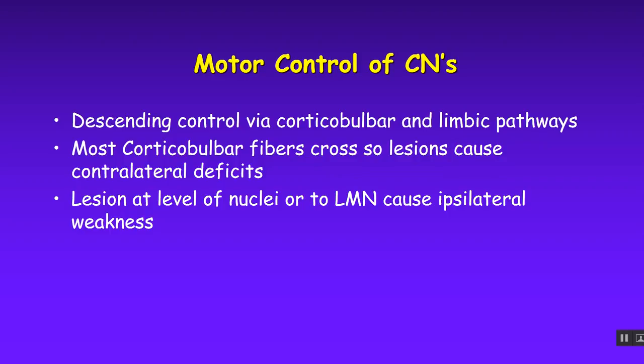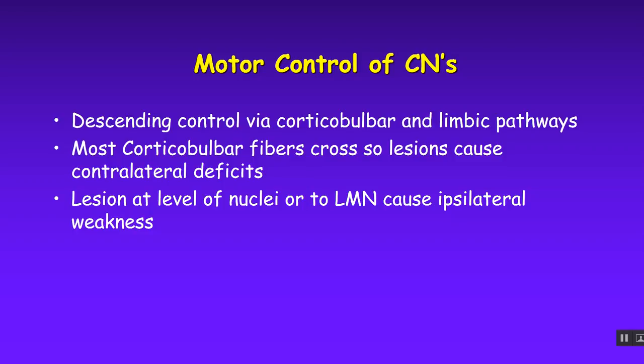The corticobulbar tracts, okay? Remember, we have these tracts that run from our cortex: corticospinal, corticobulbar, corticolimbic. These run from our cortex down to either the spinal cord or the cranial nerve nuclei to innervate those lower motor neurons in the anterior horn of the spinal cord or in the nuclei associated with cranial nerves.